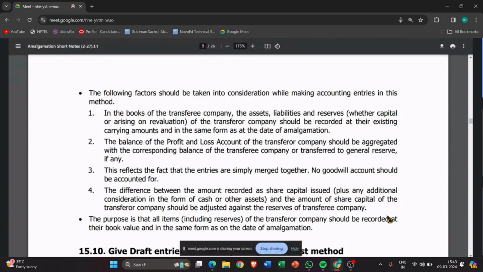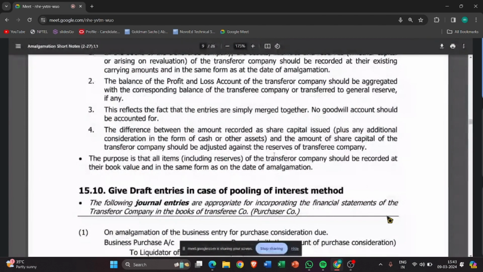This reflects the fact that entries are simply merged and no goodwill account should be created. So you will just merge them, you will just keep on adding both of them and writing it to the new balance sheet. And whatever is the difference between these assets taken over and the purchase consideration which is paid will be written to what is called as the reserve itself. That is the general reserve only.